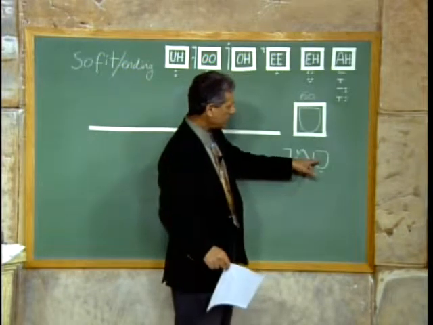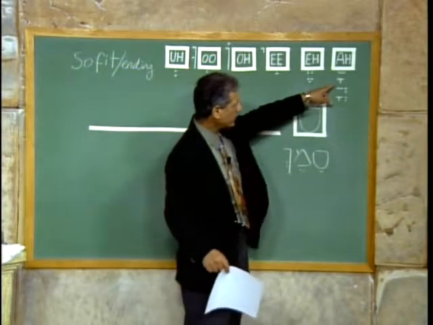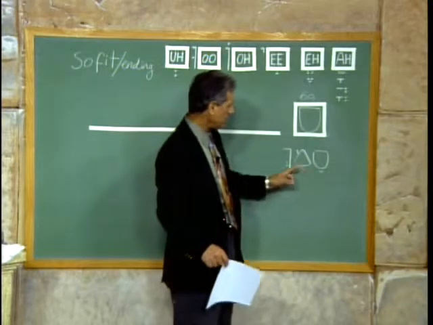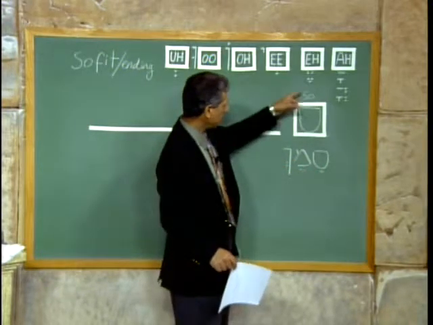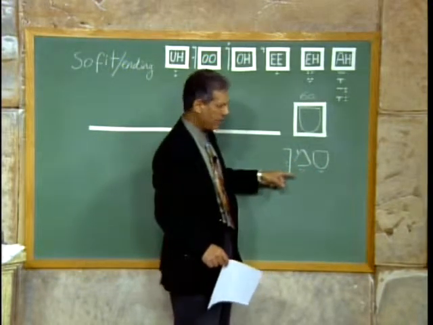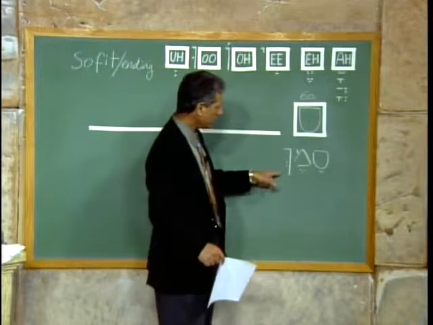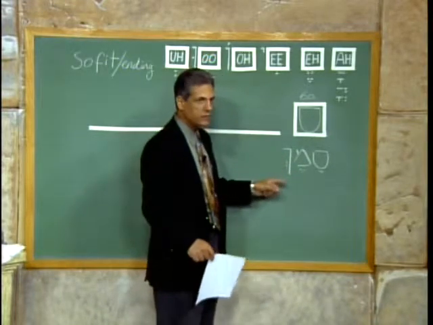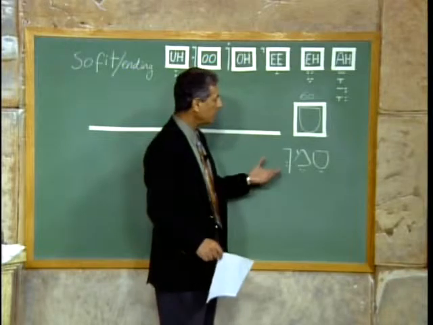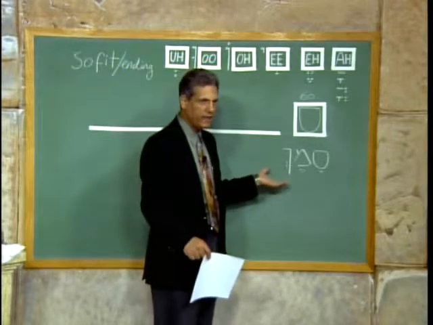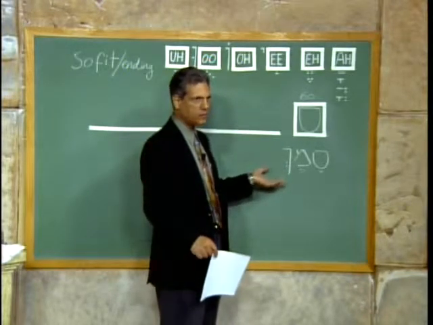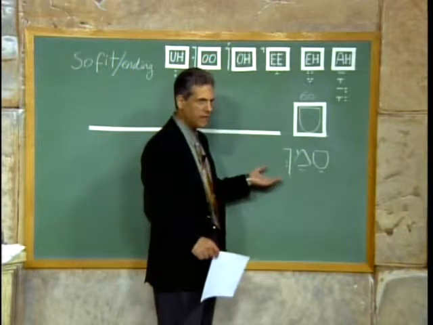We have the letter Samech with an A sound right from here, Sa. The letter Mem with an A sound from here, Me. And the letter Kaf Sofit. Why is it Kaf Sofit? Because it happened to fall at the end of the word. That's what Sofit means. It's an ending letter.